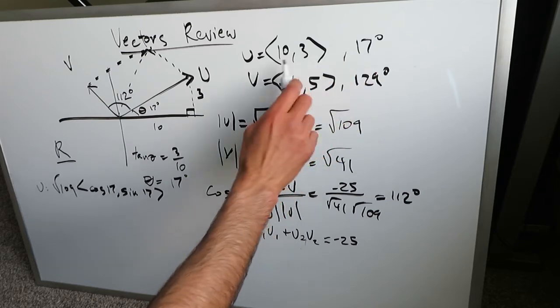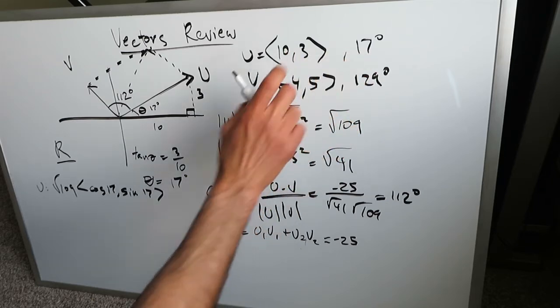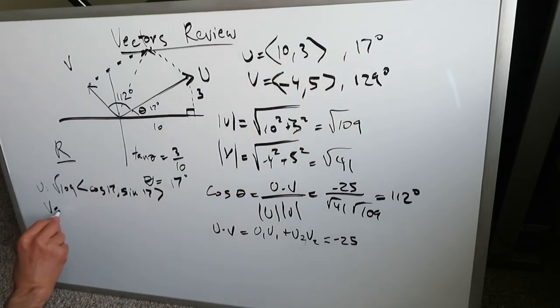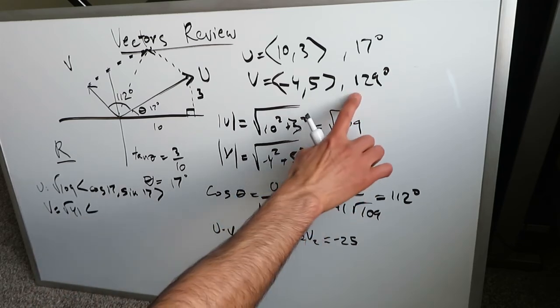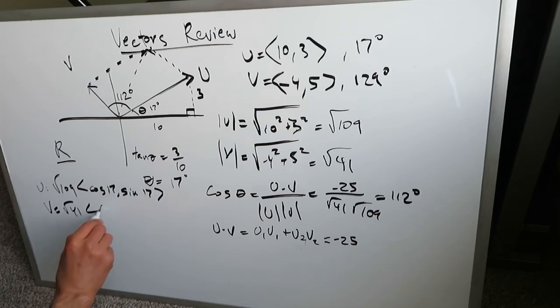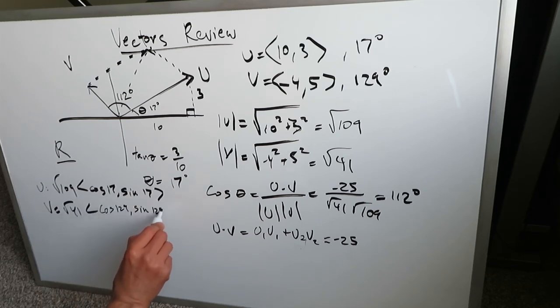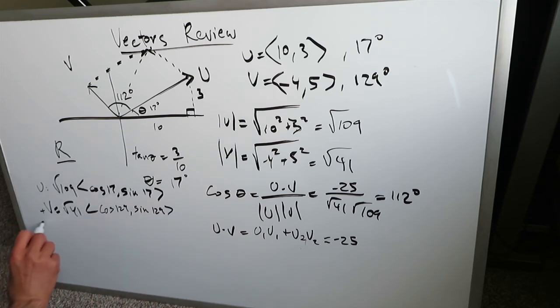Let's look at v. V is magnitude root 41, and you multiply it by its directional components, cosine 129 and sine 129. All you gotta do is add these to get your resultant components.